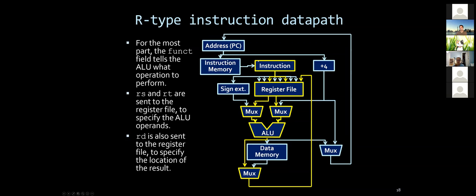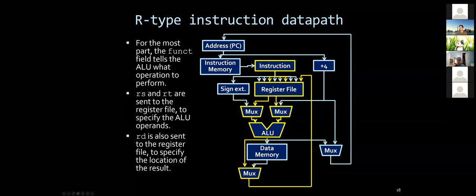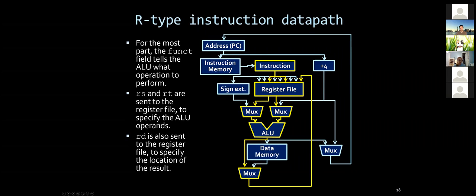After I read the instruction, because that's an R-type instruction, it has to send a request to the register file to read two registers: one with index RS and another with index RT. That's what you read from the register file. Then those go through the muxes, and they come as parameters to the ALU. The ALU takes parameters A and B, and based on the instruction stored here, it performs the function you want it to perform.